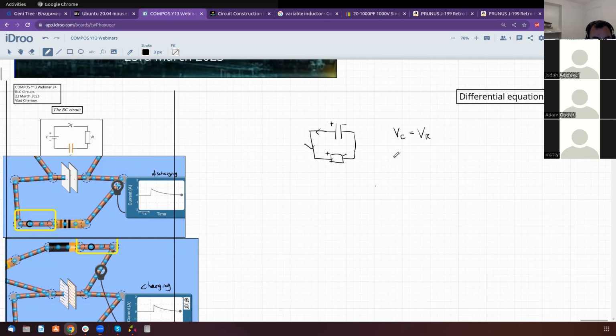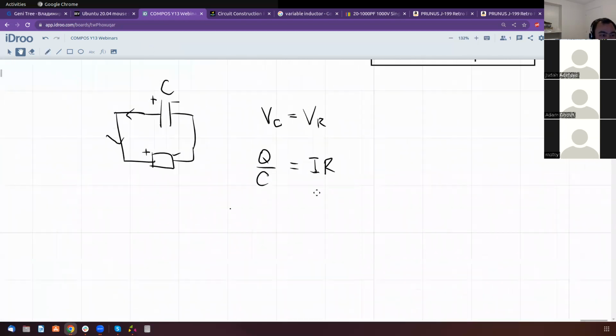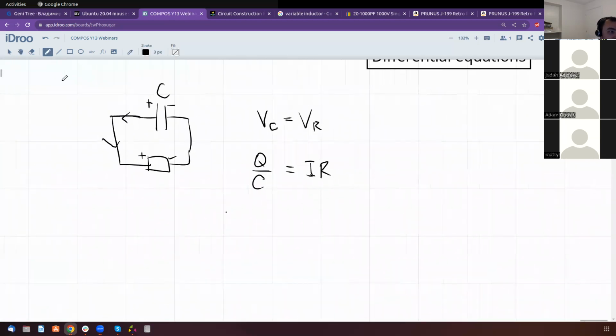The voltage on the capacitor is Q divided by C, the charge divided by the capacitance. And the voltage on the resistor is equal to IR. Now, current is also known as the rate of discharge.